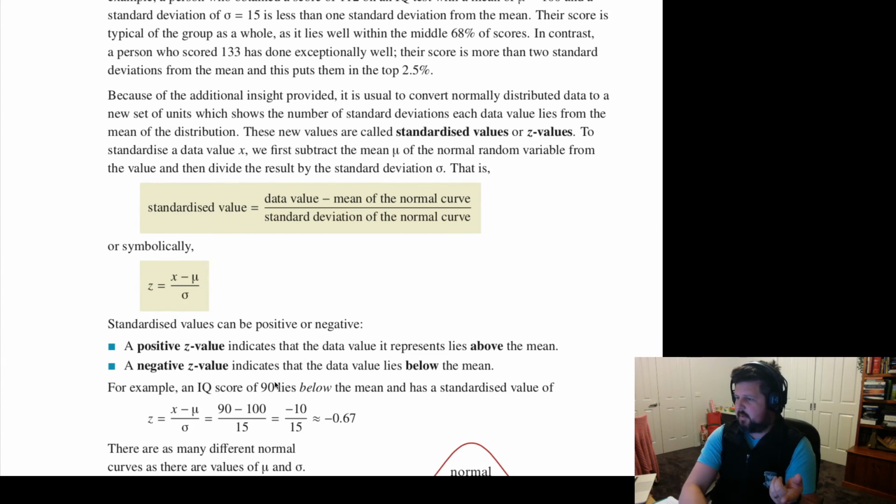And they've got the example here. If you had an IQ score of 90 and it lies below the mean, it has a standardized value of, and we can see here you got 90, take away the 100, which is the mean, divided by the standard deviation, we get a negative z score, which, as we said, is below the mean.